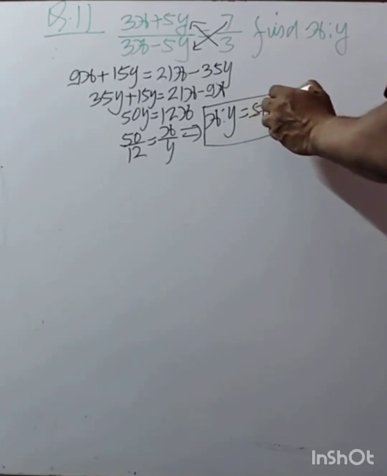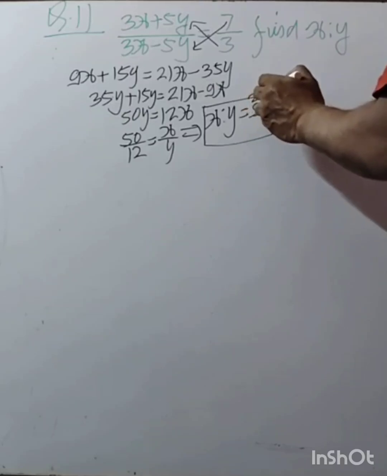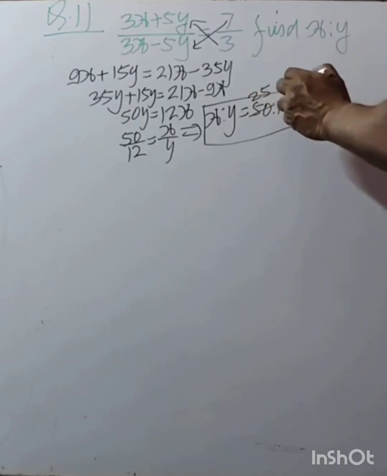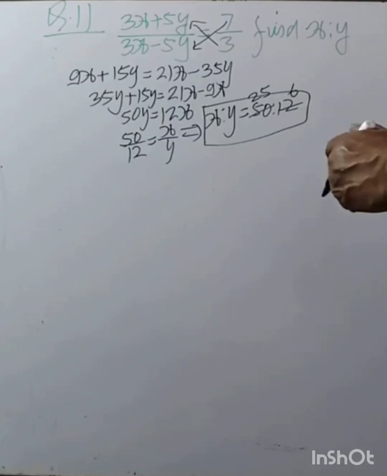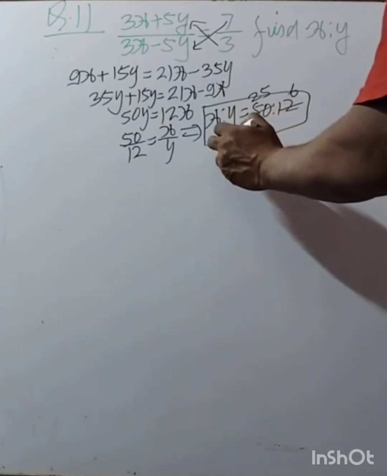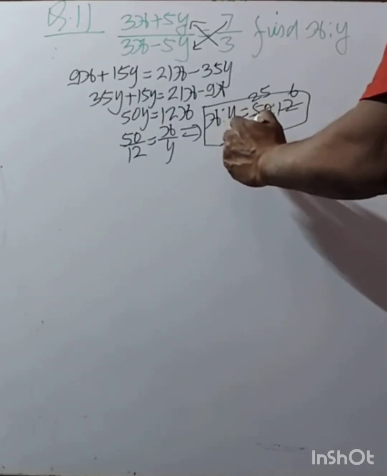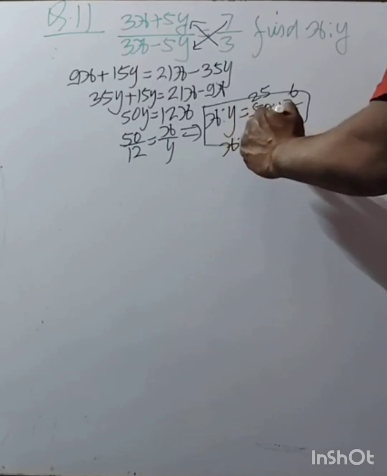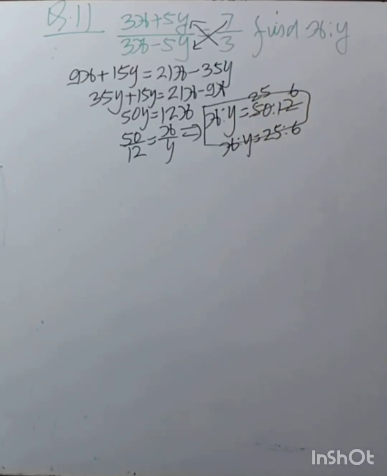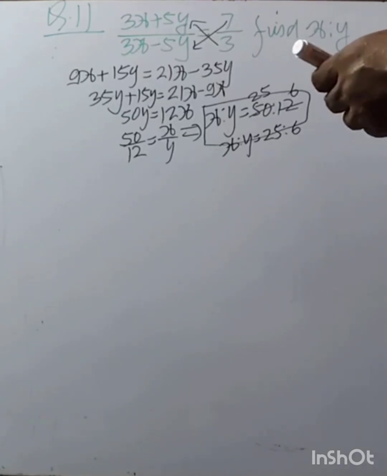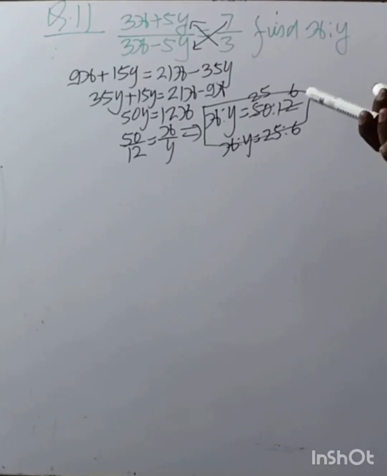Divide it by 2. This will be 25, and 6 times 2 becomes 12. So final ratio is x ratio y is equal to 25 ratio 6. Think what next you have? This was which part of 11th? First.